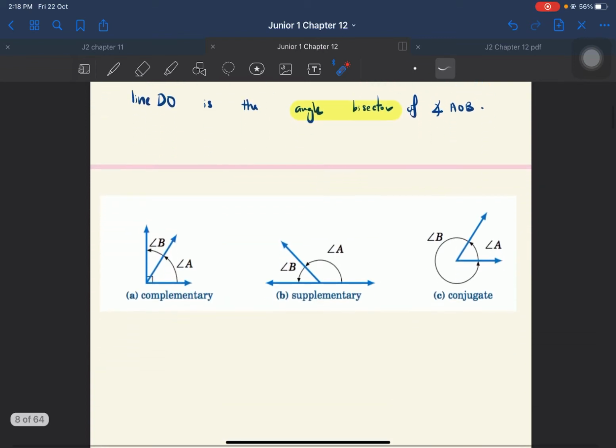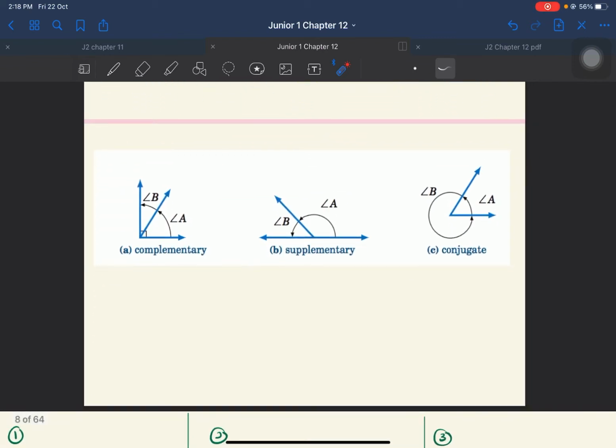Next one, you're going to learn what is complementary, supplementary, and conjugate. Complementary angles refer to angles whose sum equals 90 degrees. So if we say angle A is the complementary angle of angle B, it means that A plus B will be equal to 90 degrees. That is what we call complementary angles.